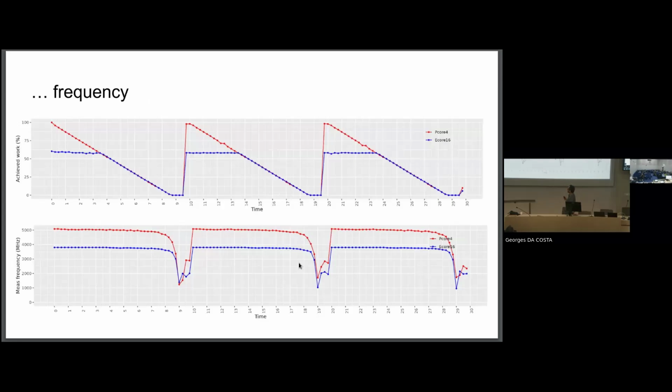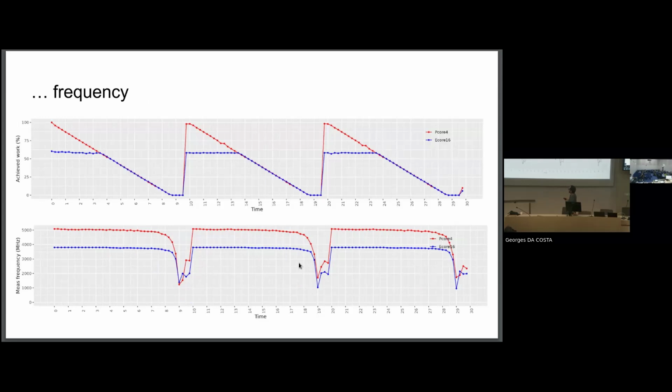So how does that look today in the kernel? The experiment that I made was on the mainline 6.9 kernel. And this is how it looks. As I said, frequency is a free variable. So on the top plot, we see the amount of achieved work that we get and how that maps to frequency.